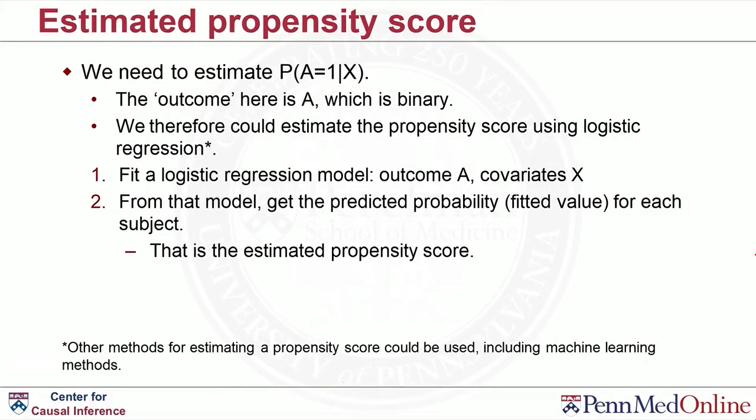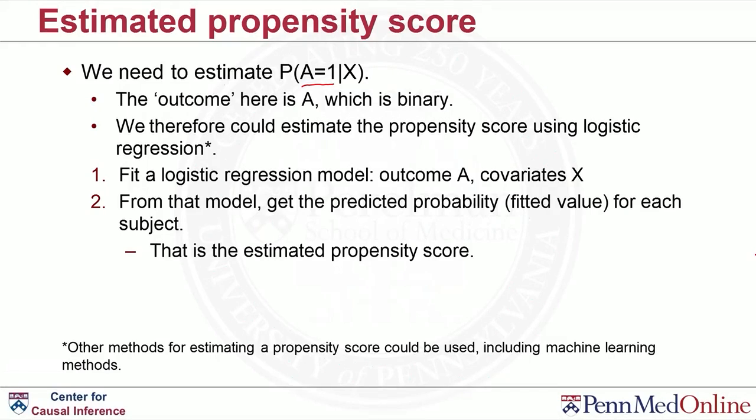Here, what we'll do is treat the treatment itself, A, as if it was the outcome. Just for the purpose of a propensity score model, we're going to treat the treatment itself as the outcome. So you'll see it appears on the left-hand side of the conditioning. And treatment is just binary, so you could use any kind of model that you would use if you want to predict a binary outcome given a set of variables.